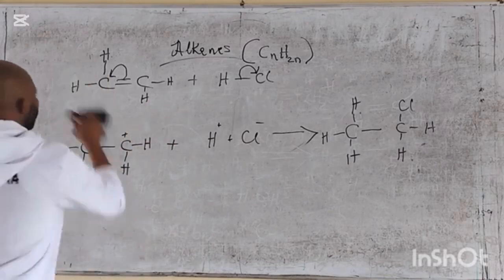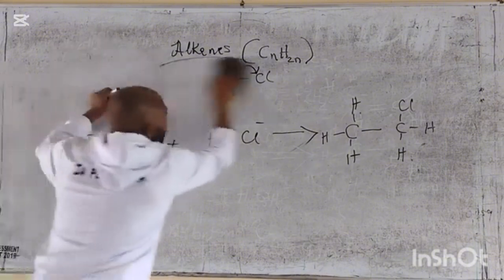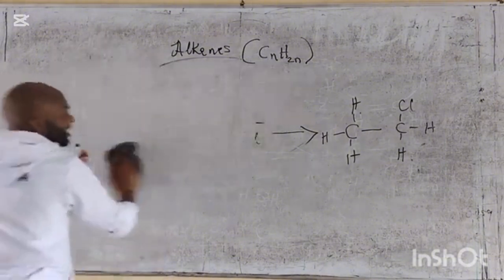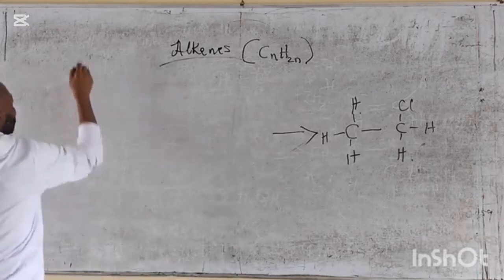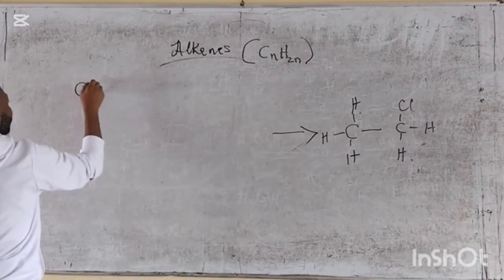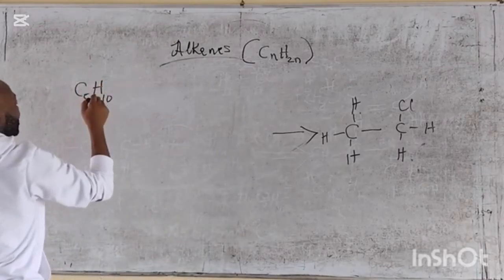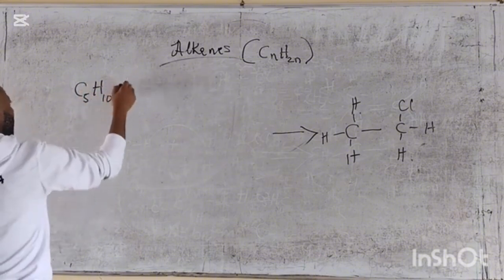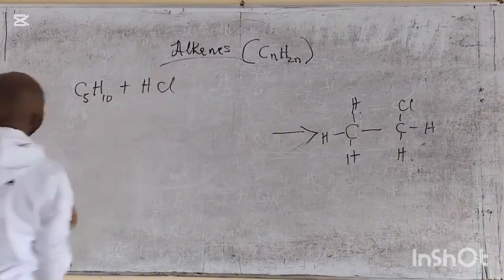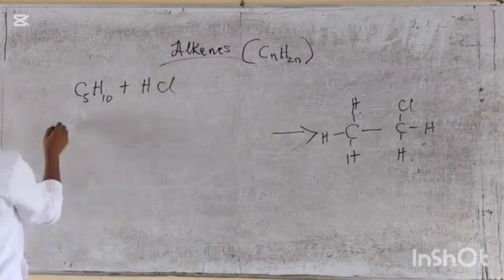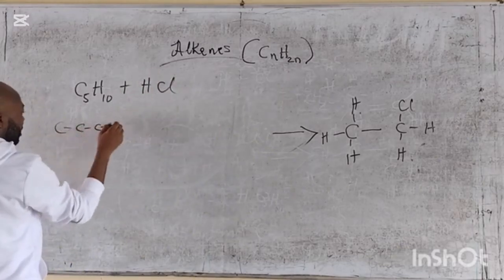Alright, now I want to use something like pentene. Pentene is C5H10, if I'm not mistaken, plus this. And my C5H10 is the same thing as saying this: 1, 2, 3, 4, 5.